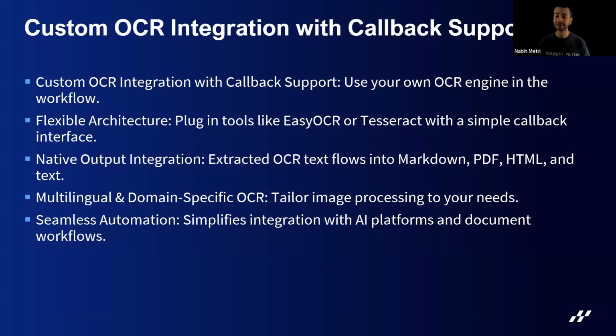For example, a team processing scanned forms or multilingual records might already have a tuned OCR model. With this update, they can integrate that model and still output the result in Markdown, PDF, or HTML without extra pipeline steps. In AI-focused scenarios, this also helps when building language-specific document classifiers or form understanding models, where high-quality OCR is critical to good outcomes.